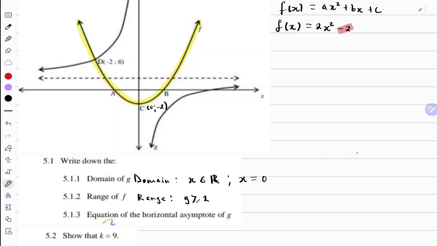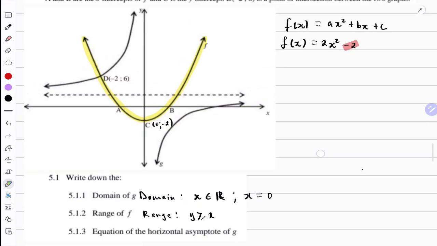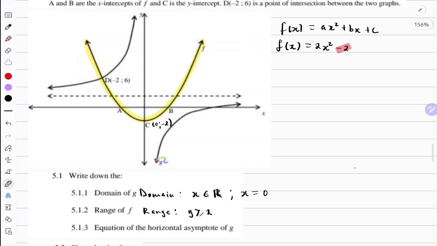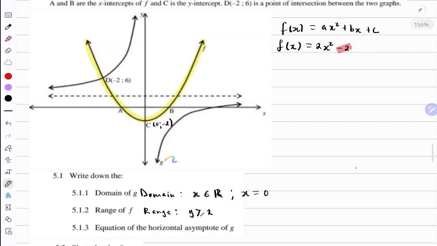And the next question says, find the equation of the horizontal asymptote of g. So let's have a look at g. So this is g. I'm just going to highlight g again. We saw for g earlier on that the vertical asymptote is the y-axis, or x is equal to 0. So it means the horizontal asymptote is going to be the dotted line.